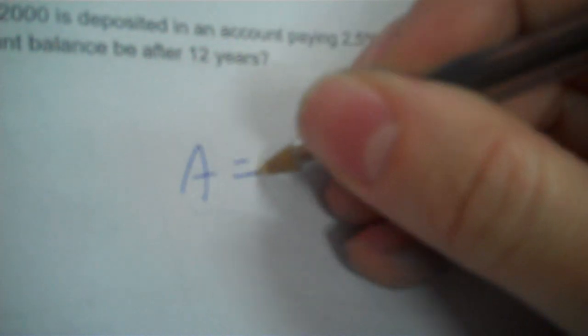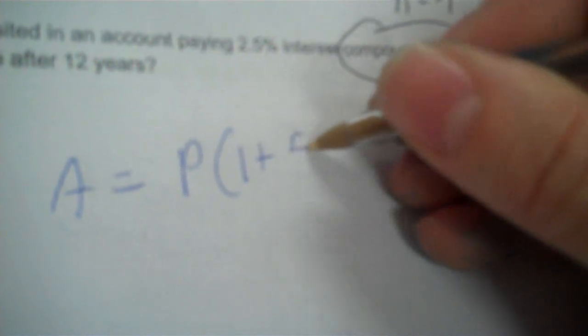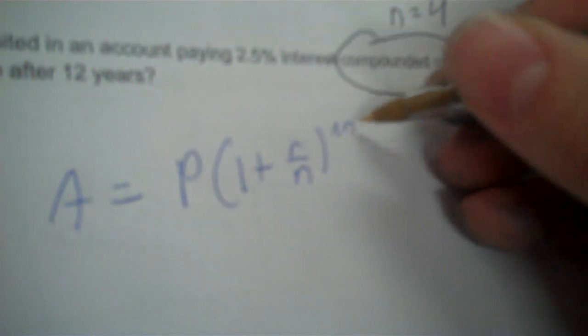Like on the problem it's on. $2,000 is deposited in an account paying 2.5% interest compounded quarterly. What will the account balance be after 12 years? So this is the formula, 1 plus r divided by n. You don't need to memorize this. I will have it.